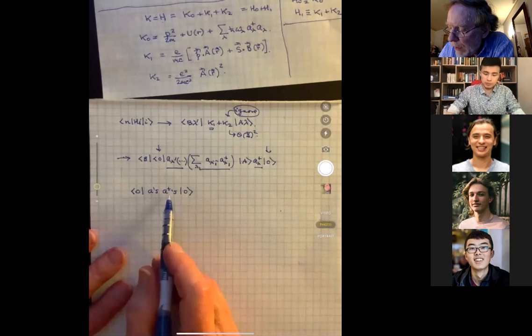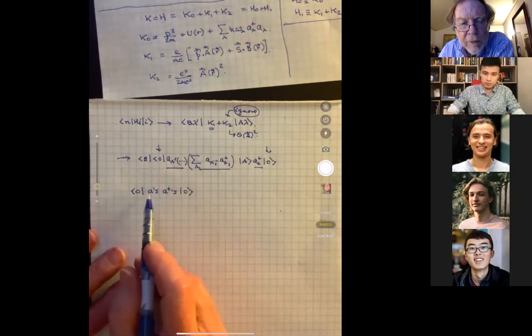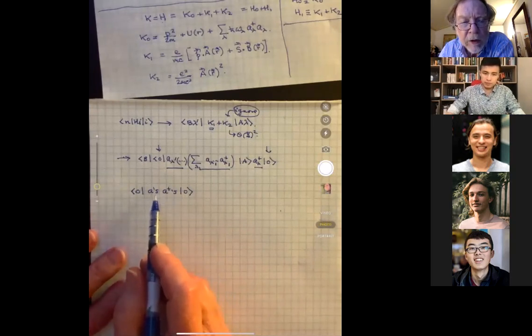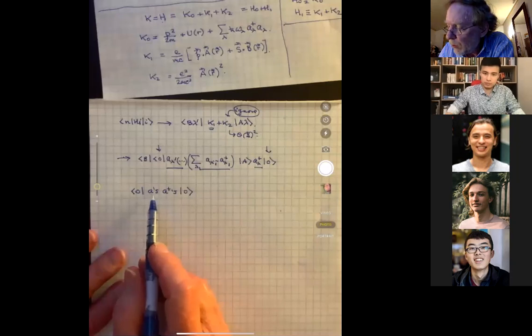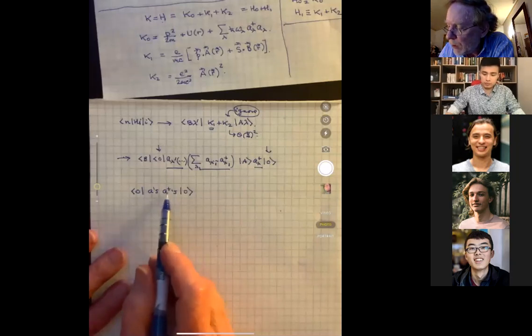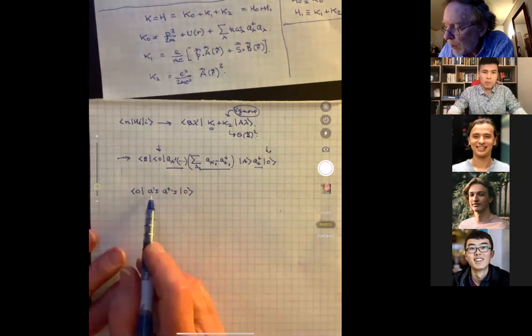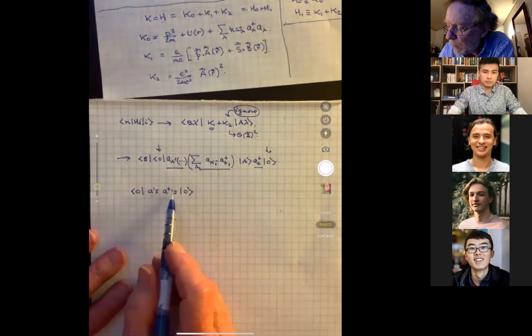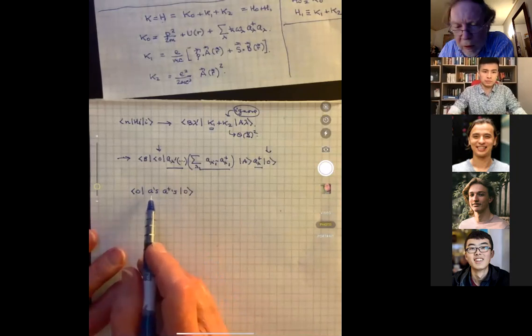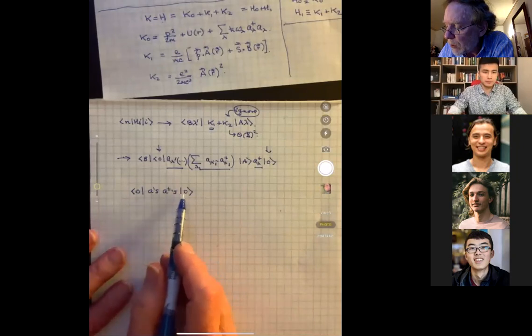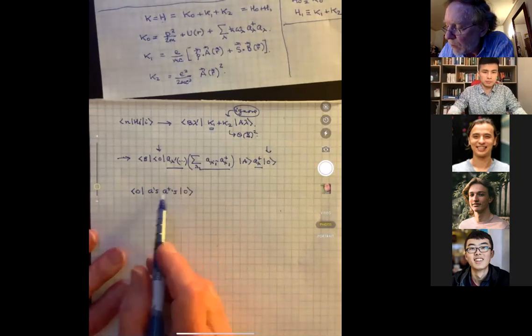So if the number of A's and the number of A daggers are not equal to each other, then when you apply these, if there were more A's than A daggers, it's possible to annihilate all the photons, and then you annihilate the vacuum and the result is 0. If there are fewer A's than A daggers, then you create a certain number of photons and only annihilate some of them, so what's left over is a state still with some non-zero photons in it.